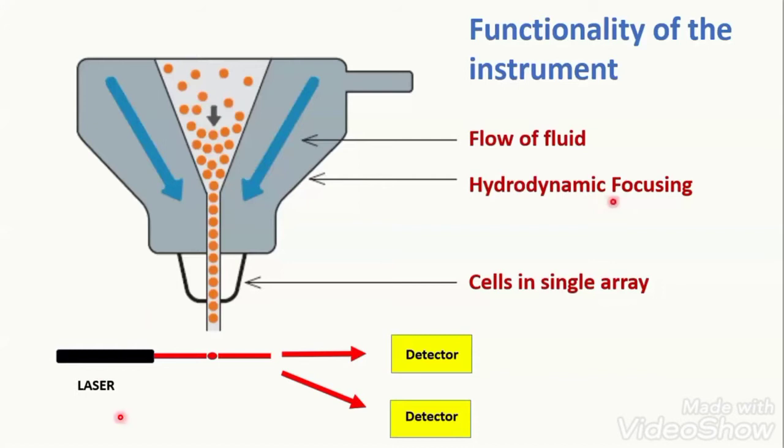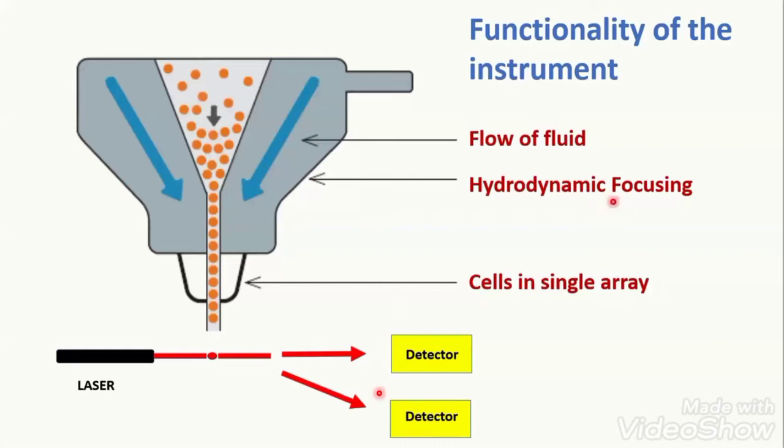And these interactions are of many types. These interactions will be detected by the detectors and the detectors will be giving you the readings, and those readings you have to understand. Understanding the results of the experiment is not the work of the instrument itself, but the work of the person who is analyzing the data.